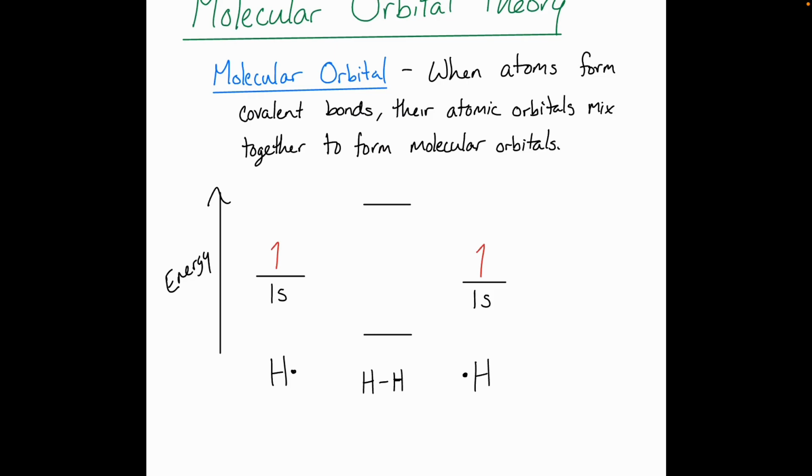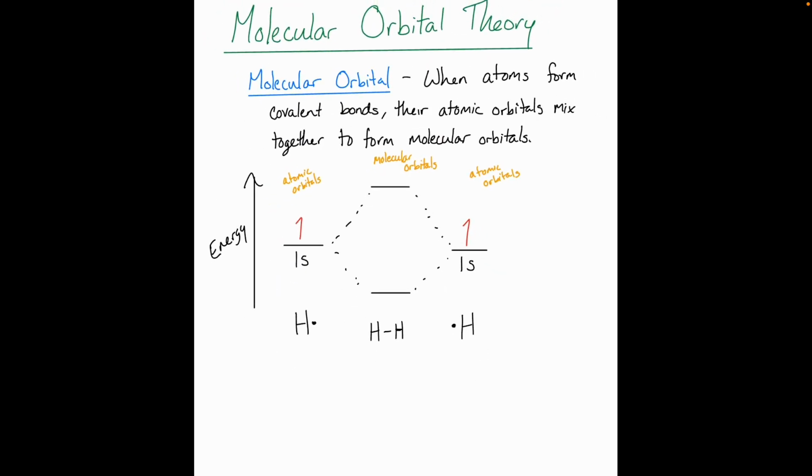Okay, so again, in our diagram here, we have our atomic orbitals. And then in the middle we have our molecular orbitals. Okay, and importantly, when those two atomic orbitals mix together, they form two new molecular orbitals. All right, this sort of preservation of number of orbitals is really important.